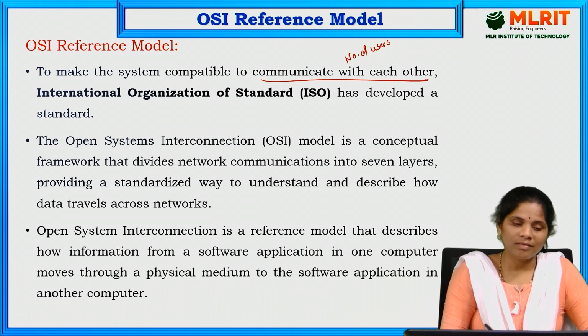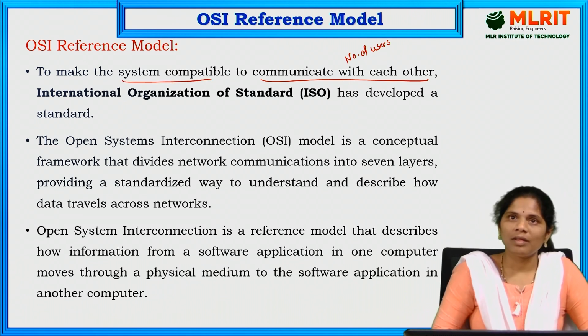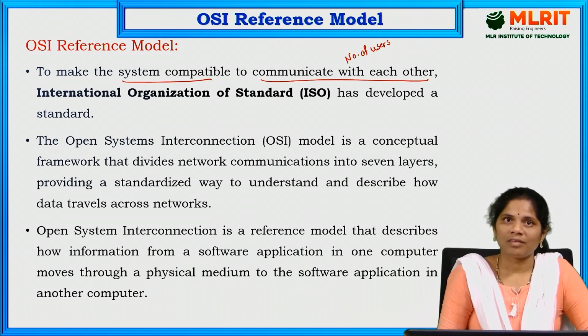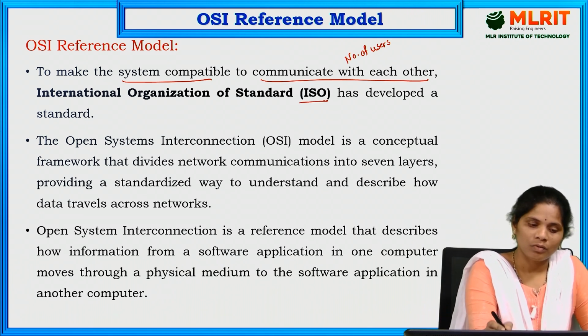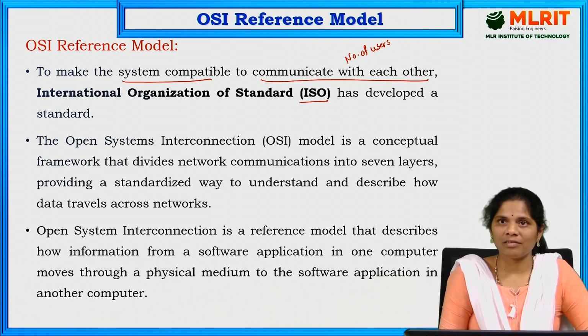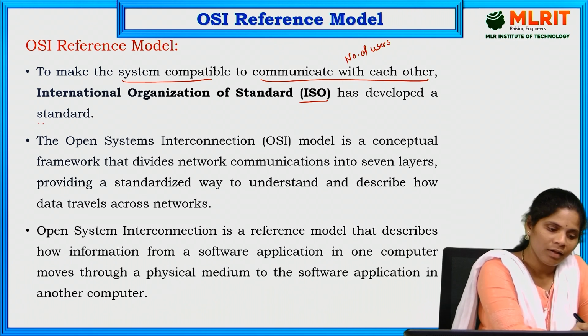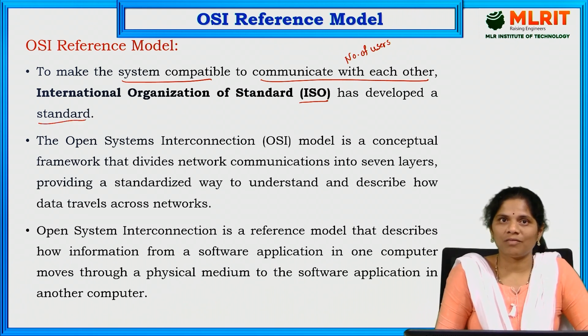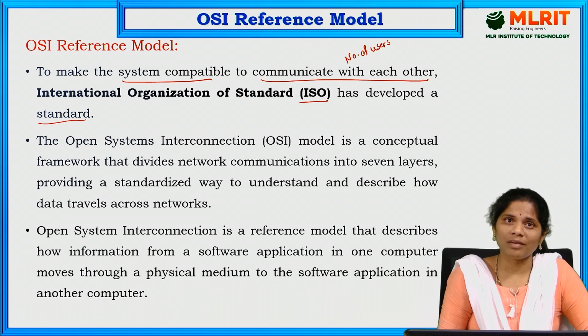To make the system compatible whenever they are communicating with each other, the ISO, that is the International Standard Organization, developed a standard format. That standard is the OSI reference model. To make the system compatible, the ISO developed a standard reference model, that is the OSI reference model.